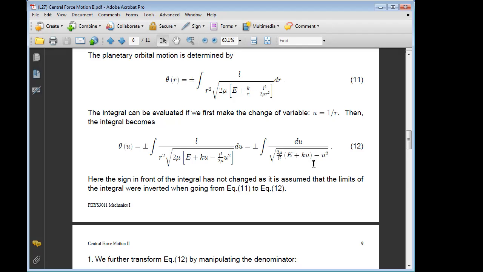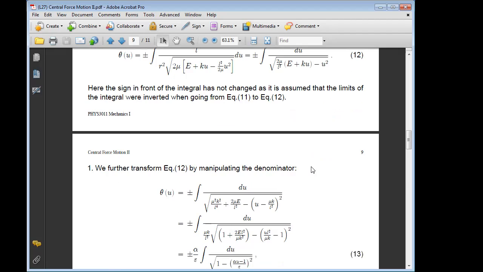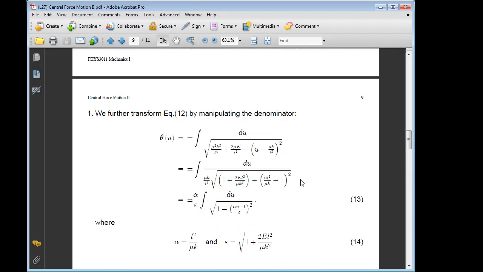Then we can further transform this integral in equation 12 as this. Basically, we perform completing the square.